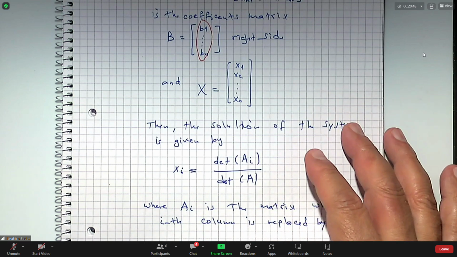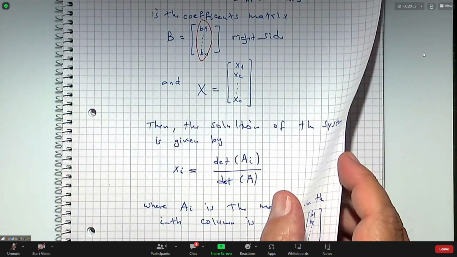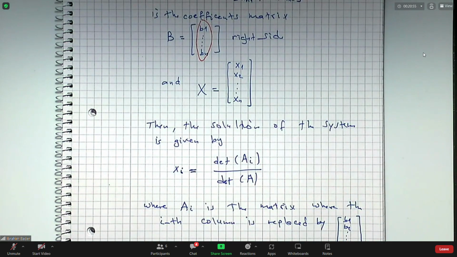If you remember, the methods we introduced so far are the Gauss elimination method, or Gaussian elimination method, whether you reduce to echelon form or reduced echelon form. And the second method, part of this morning's exercise, I think question number 2, was solving a linear system using the matrix inverse.